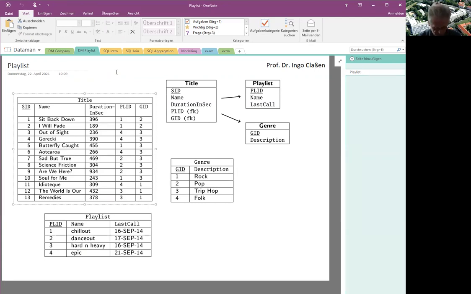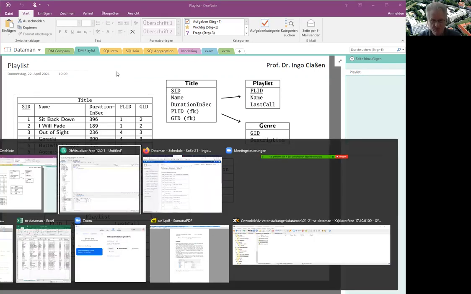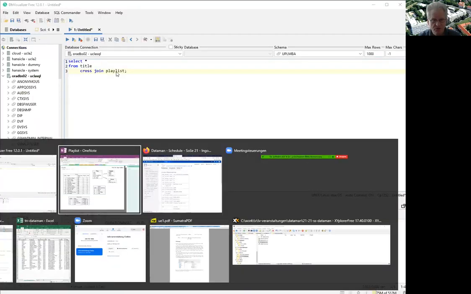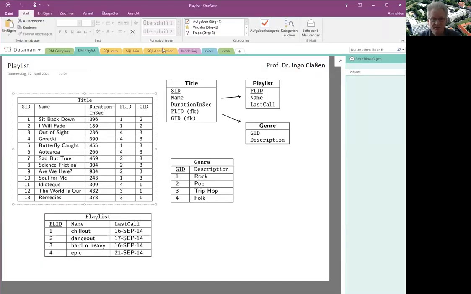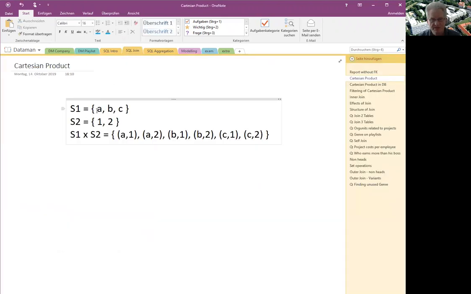Maybe we should take a look here again at the cross join. Set number 1 has 3 records and set number 2 has 2 records. And if I take all combinations, I get 3 times 2 records. That means 6 records.